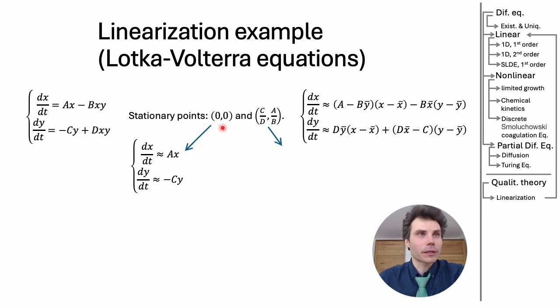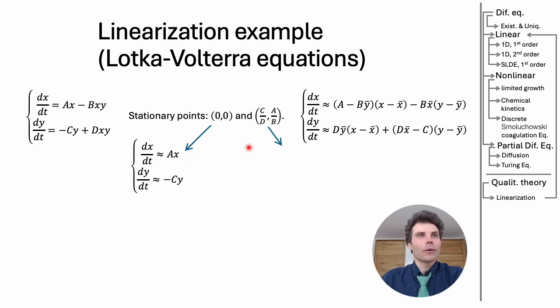X seems to be increasing, y seems to be decreasing in the neighborhood of this point locally. I'm not talking about the behavior of these variables at infinity, but locally, a small increment given to x and y from the stationary point 0, 0 leads to the divergence of the system from this point.